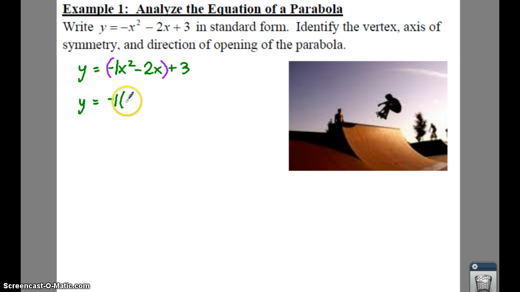So we take out -1, and left over you have x squared plus 2x, and we need to leave a space here, plus, and we leave a space, and we're going to put parentheses. Your 3 is still outside of your parentheses, but we're going to have to put a number outside here.